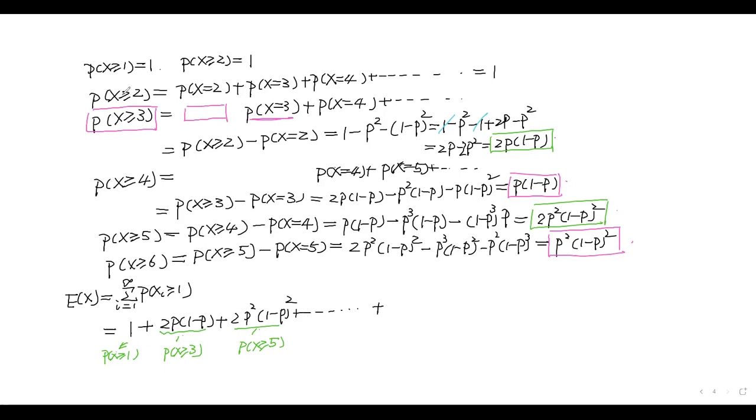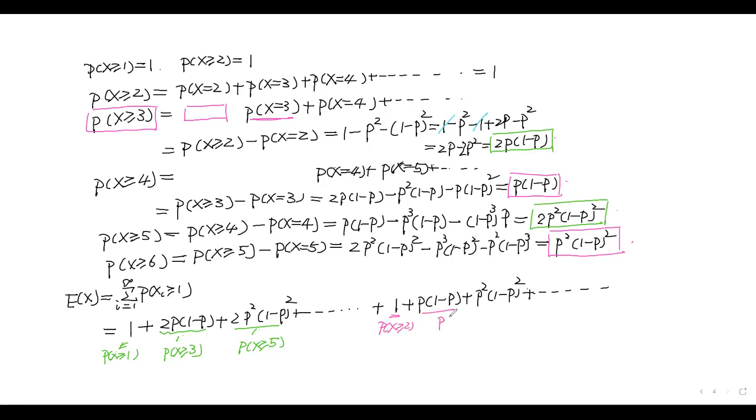My even number is 1, greater than or equal to 2, then greater than or equal to 4 is plus p(1 minus p), and greater than or equal to 6 is p squared (1 minus p) squared, and so on. This one is the probability x greater than or equal to 2.